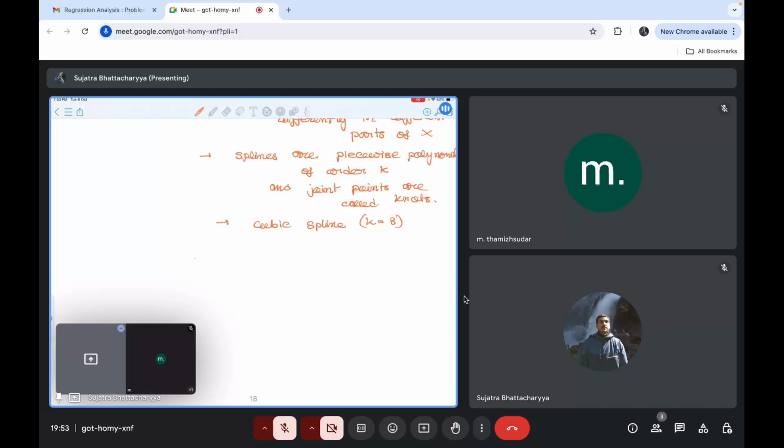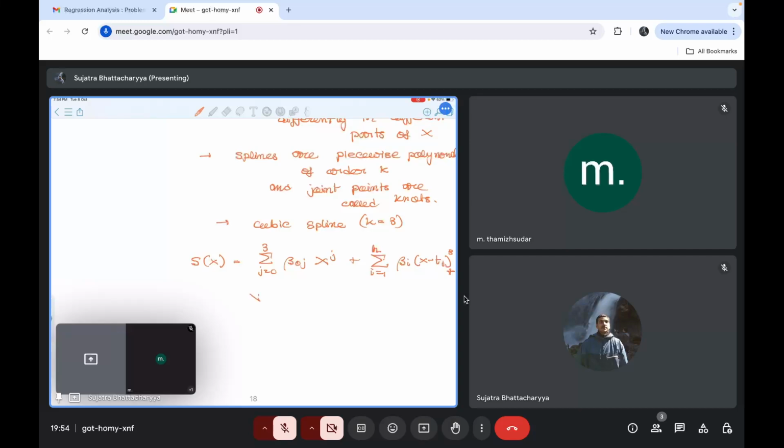So the cubic spline polynomial is written like this: s of x equals summation j equal to 0 to 3 of beta 0 j x to the power j, plus summation i going from 1 to h, where h is the number of knots, of beta i times x minus t i to the power q, with a plus sign. Here t i is where the knots are.